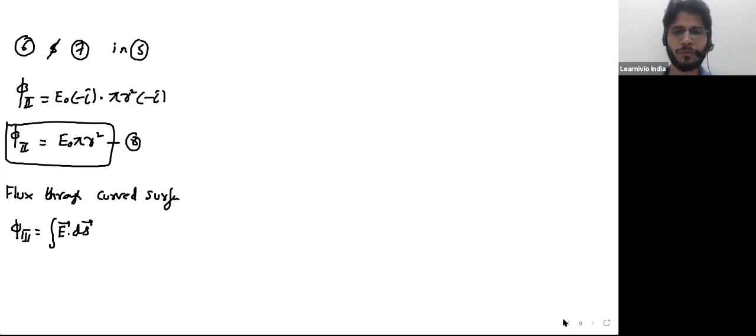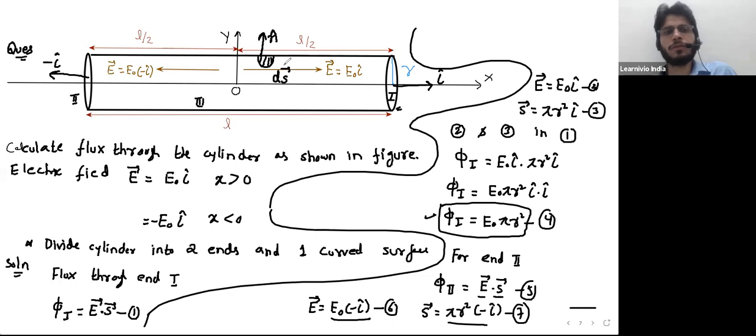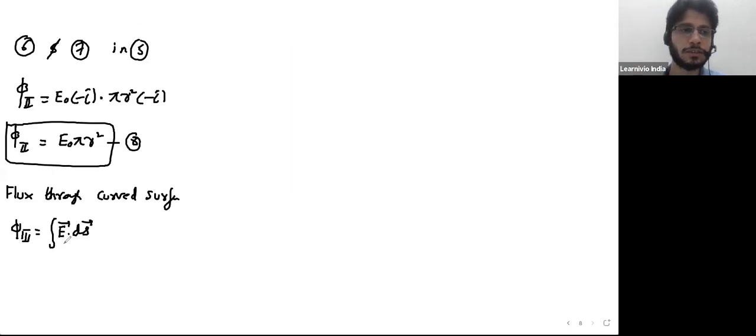What is the angle between the electric field and the area vector? The electric field is along the x-axis. 90 degrees, right? The electric field is along the x-axis and your area vector is perpendicular to the x-axis. So when I open this dot product, this will be E ds cos 90, so your flux will be 0.